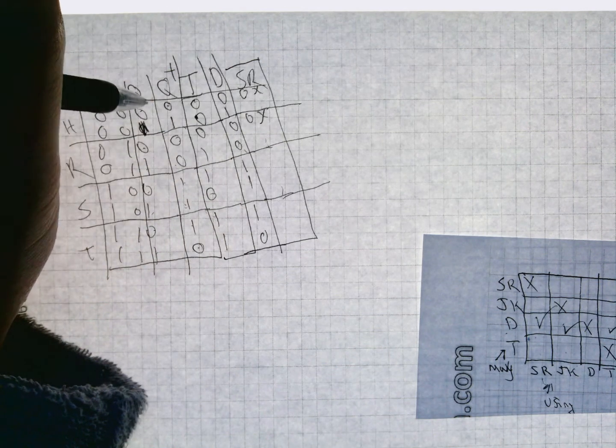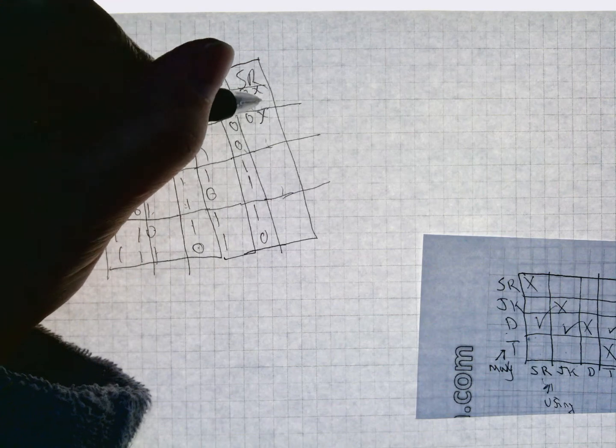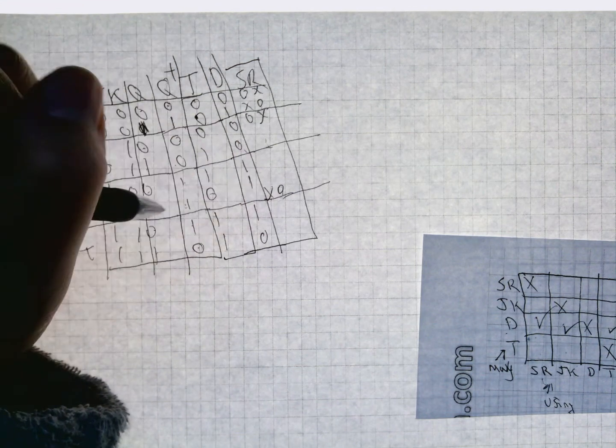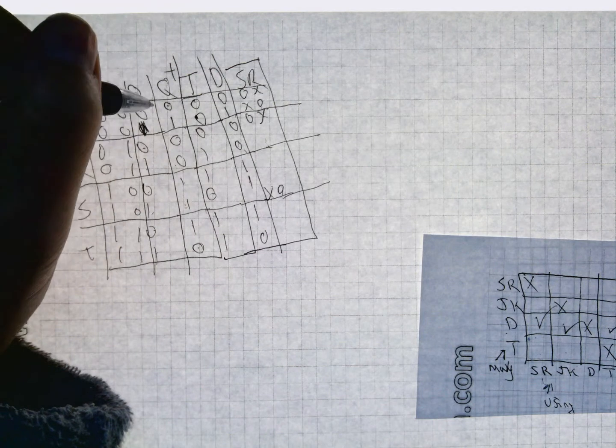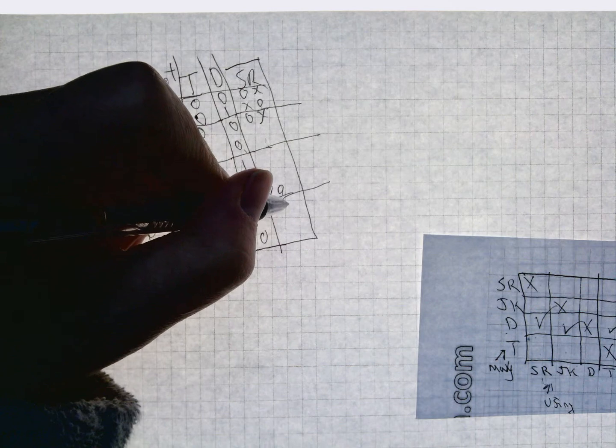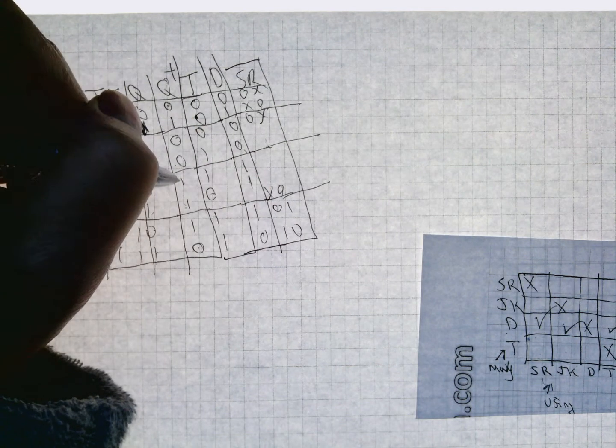And when the inputs don't change and it's 1, 1, it's X0. And when you want to do a set, it's 0, 1, or 1, 0 if you want to reset.